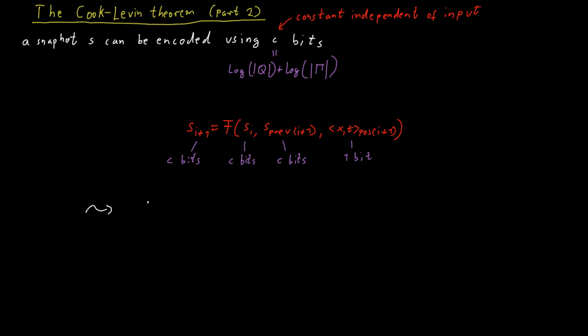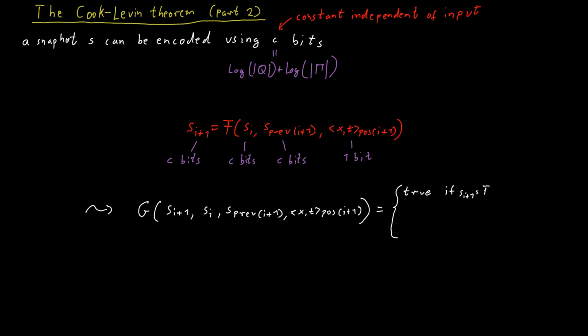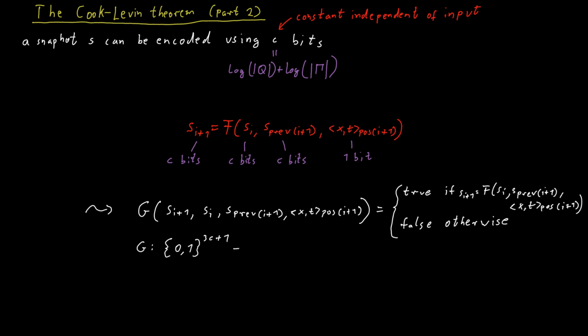And so g of s_(i+1), s_i, s_pref(i+1), and x_pos(i+1) should be true if and only if s_(i+1) is equal to f of s_i, s_pref(i+1), and x_pos(i+1). So this is a simple Boolean function taking 3c+1 bits as arguments and then saying true or false.